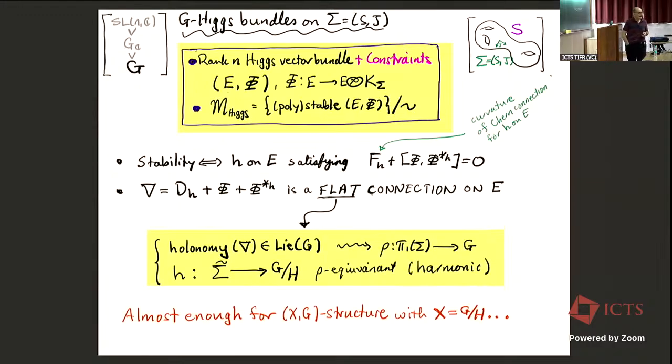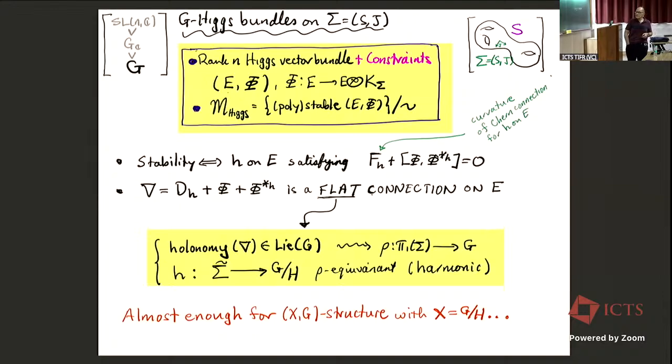Once you have a flat connection, the holonomy of the flat connection defines a representation of the fundamental group into the group G. Using the flat structure, it also allows you to interpret the metric on E as a map on the universal cover of the surface into G mod H. And the equations are equivalent in this setting to saying that the metric viewed in this way is a rho-equivariant harmonic map.